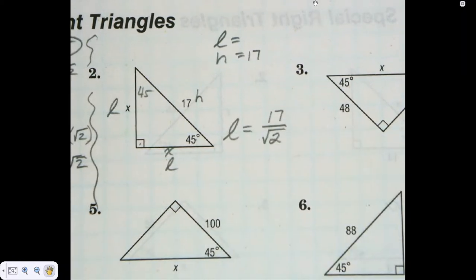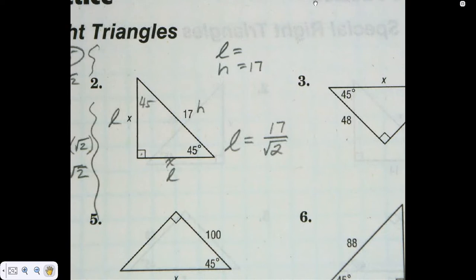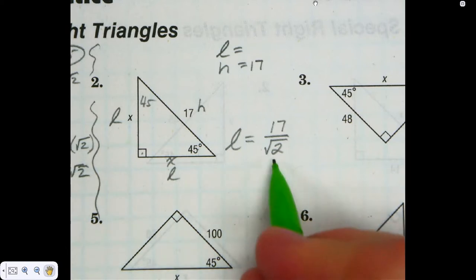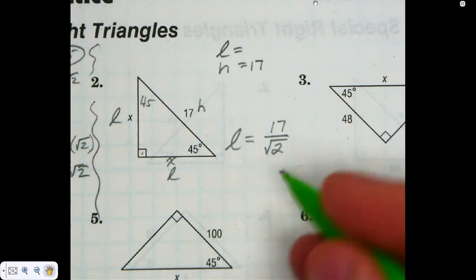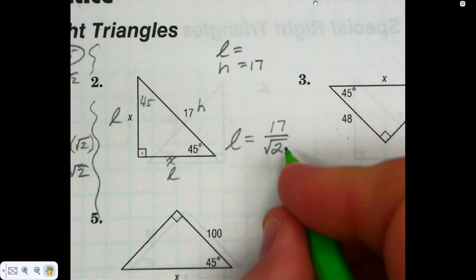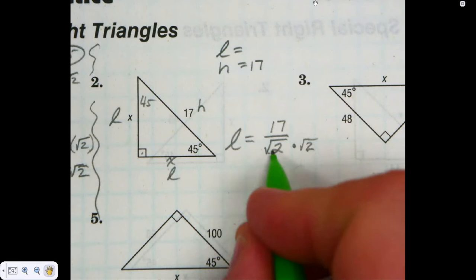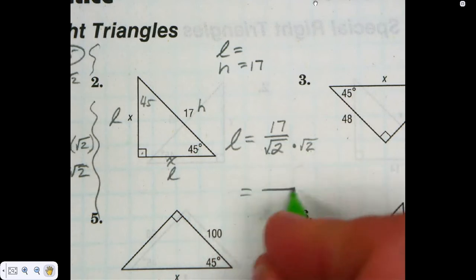Okay, am I done? Is that what I put in for L? What's the problem? Because you can't have a radical in the denominator, can you? So I have to do what's called rationalizing the denominator. What do I have to do? I don't want a radical to be there, so I multiply it times the same thing, because square root of x times square root of x is x, so square root of 2 times square root of 2 would give me what here?